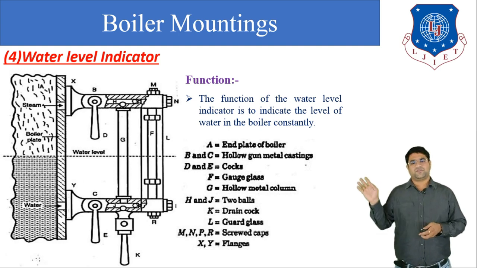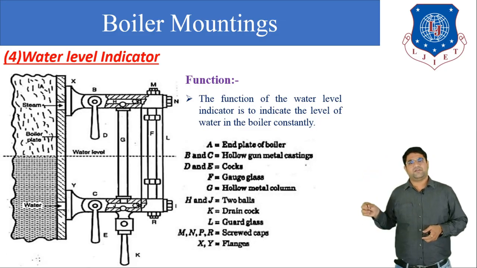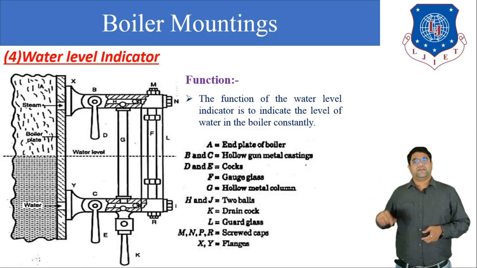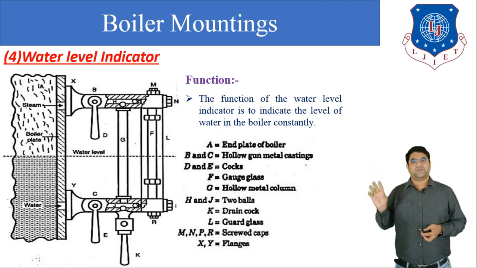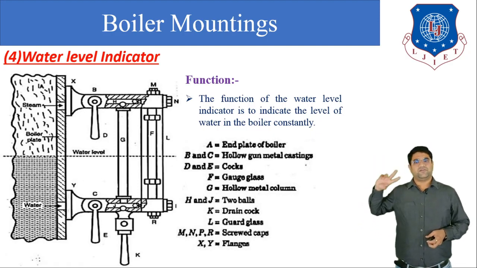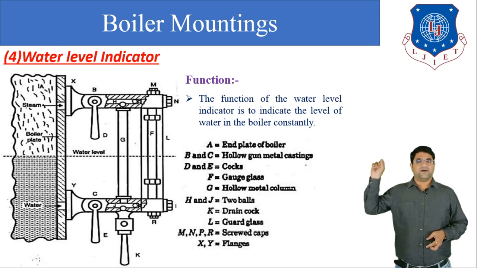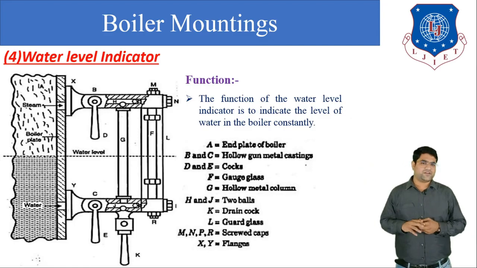First of all, in the construction you can see there are two columns. The first column is the glass tube and the second column is made of steel. Here you can see there are two valves. The first valve is fitted to the steam side and the second valve is fitted to the water side.